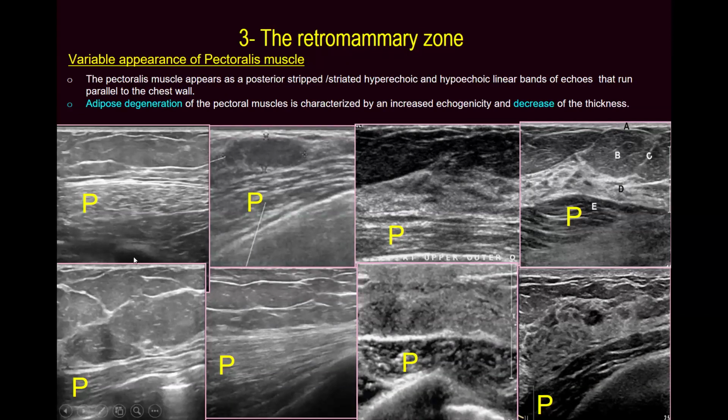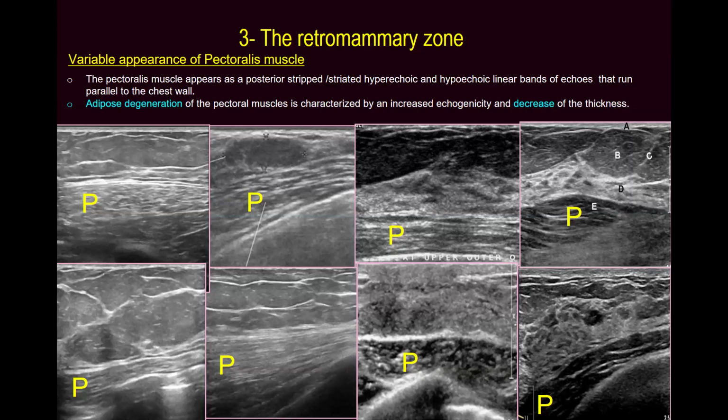Look for the pectoralis muscles. Look here, and see it here in this example. This example here, here, here. In older people, okay, with adipose or fatty degeneration, the muscle bulk will reduce and it will become more echogenic, not like what you see in those physically fit or athletic people.